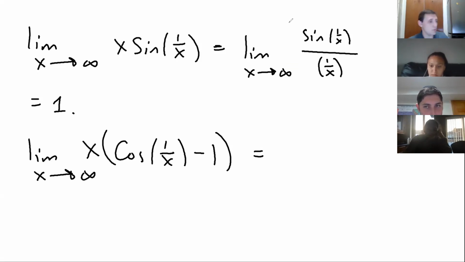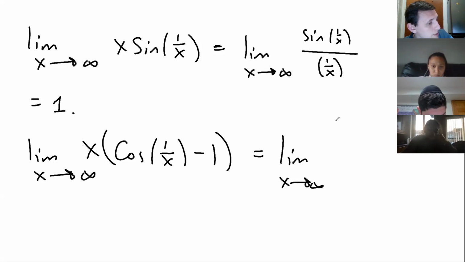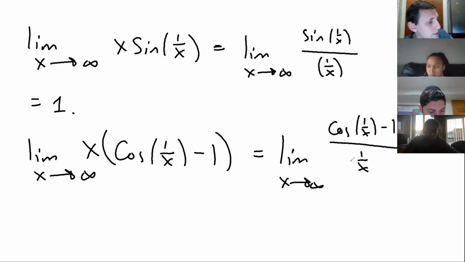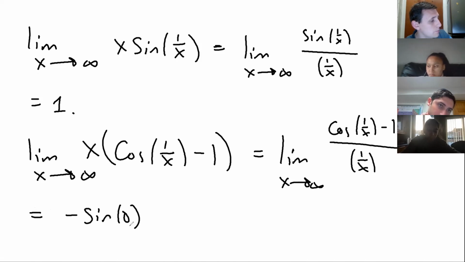Zero. Do you agree, guys? Why? Because this is simply the limit as x goes to infinity of cosine of 1 over x minus 1 divided by 1 over x. And you recognize your good old derivative of cosine at 0. So you look at this thing and you think, oh, this is just the same as minus sine of 0. You can do it this way, or you just recognize the limit. Up to you. Good? Which is 0.